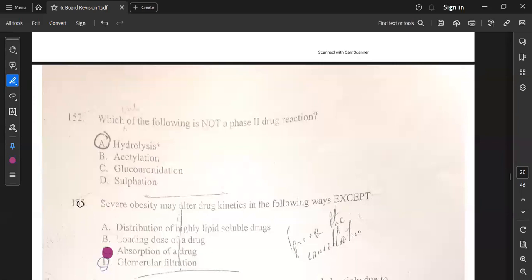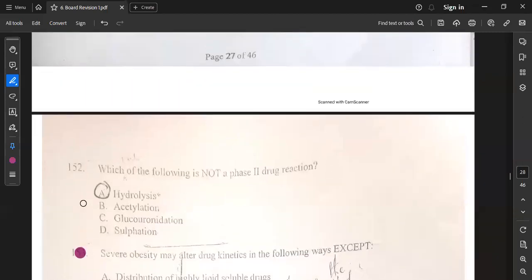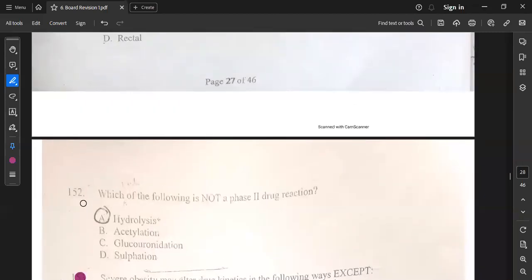I guess most explanations have favored absorption to be the choice, but we can just mark it and then proceed. Okay. Which of the following is not a phase 2 drug reaction?